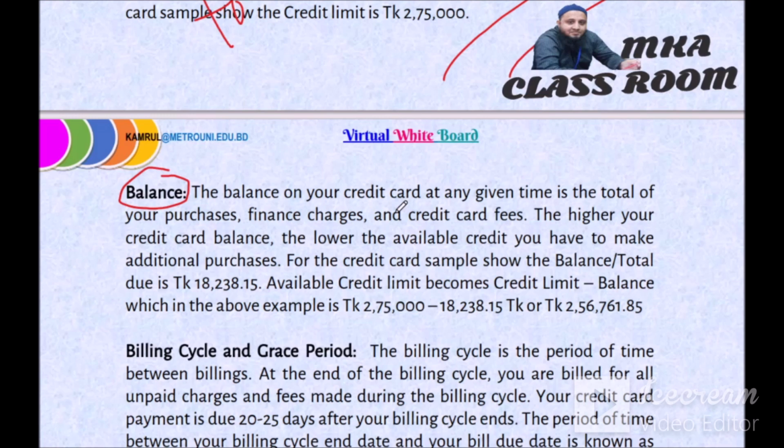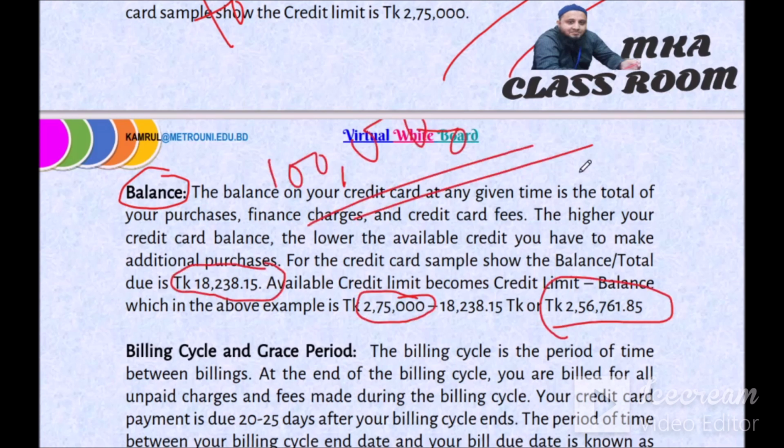You purchase a television for 80,239.515 taka. So your balance should be 2,56,761.85 taka. Similarly, if your credit limit is 1 lakh taka and you purchase a mobile from a shop for 30,000 taka, after you pay the mobile phone bill, your balance should be 70,000 taka. So actually this is the balance.